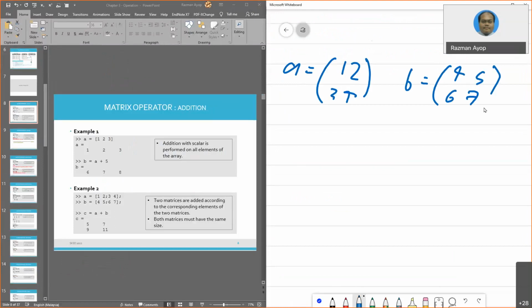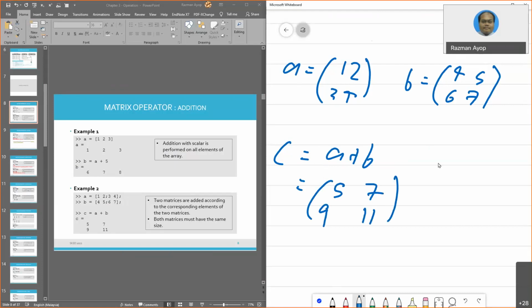I think this one is just a revision for you. C equals A plus B. So just add according to the location. 1 plus 4 is 5, 2 plus 5 is 7, 3 plus 6 is 9, and 4 plus 7 is 11. This is how you do it.